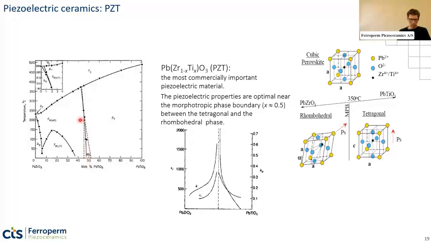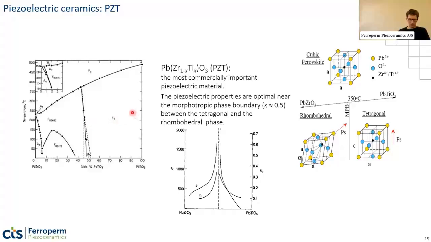If you are close to a phase boundary here called the morphotropic phase boundary, you will have a maximum of properties, and this is why people prefer to use, for example, PCT with close to 50% instead of pure lead titanate, which is also a ferroelectric and piezoelectric material. And on the other side here, you actually have a different kind of distortion called rhombohedral distortion. This is also a ferroelectric phase.